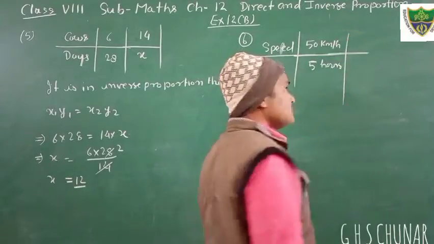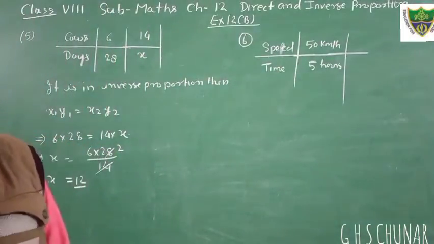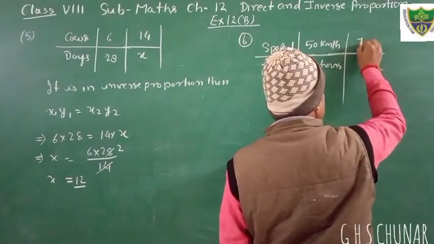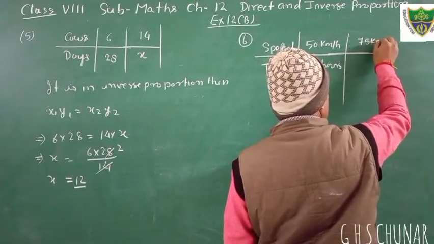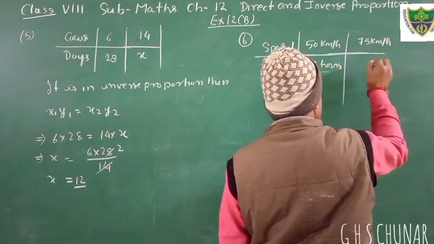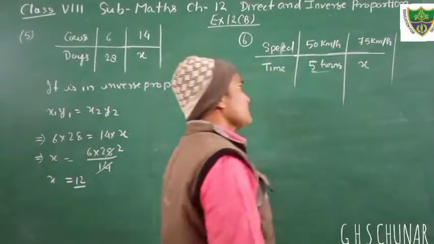Now if the speed is 75 km per hour, then how much time is taken? We will take it as x.